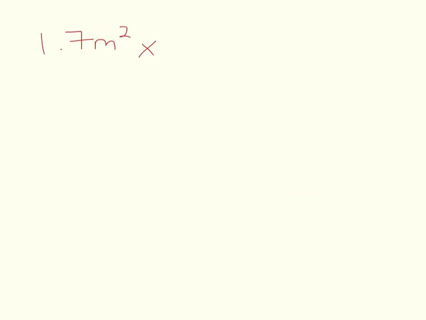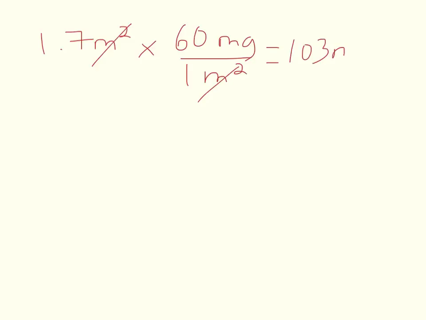So we're going to multiply 1.7 meters squared by the order, which is 60 milligrams over 1 meter squared, because we need to convert the 1.7 meters squared into milligrams. Yes, the meters squared cancel out, and 1.7 times 60 milligrams gives you 103 milligrams.